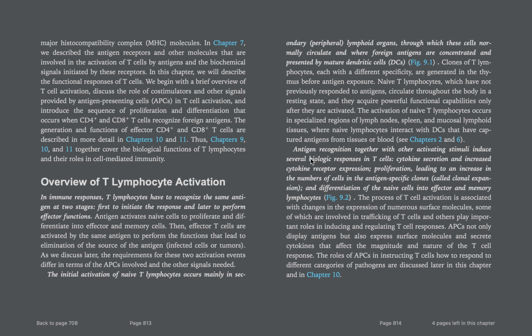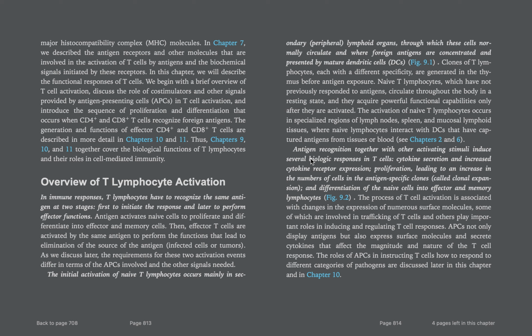In chapter 7, we described the antigen receptor and other molecules that are involved in the activation of T cells by antigen and the biochemical signaling initiated by these receptors. In this chapter, we will describe the functional response of T cells.